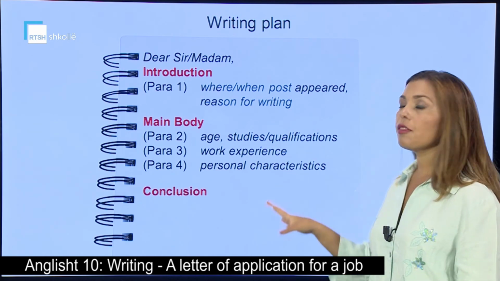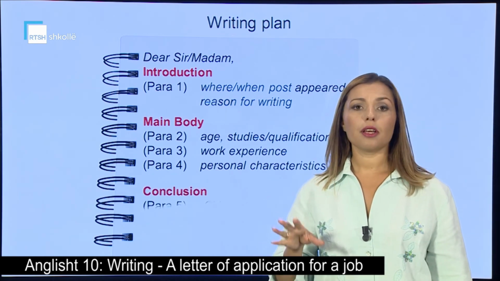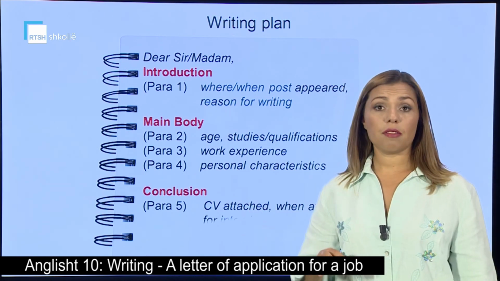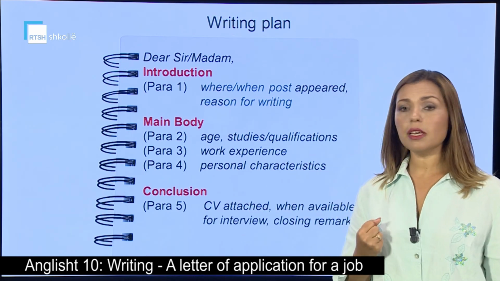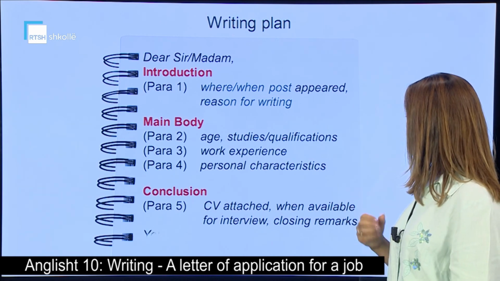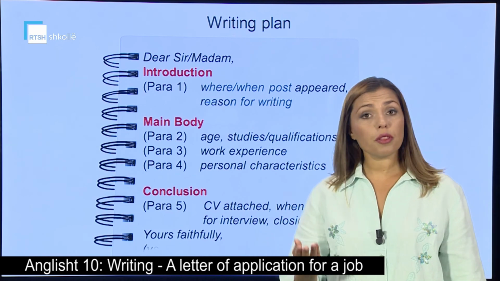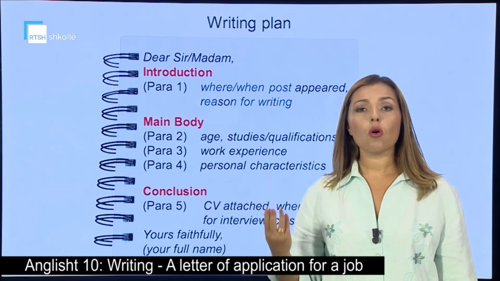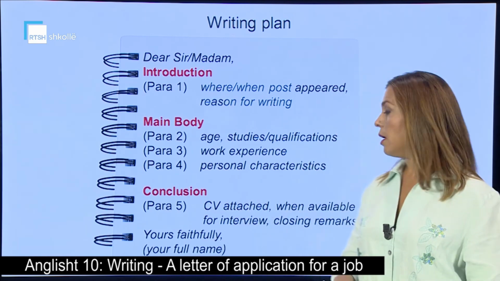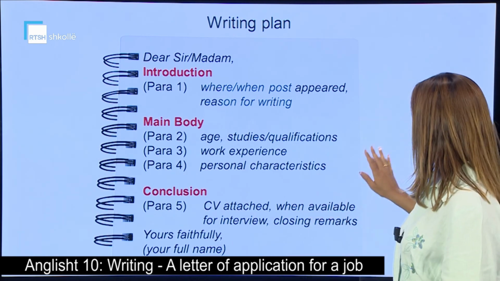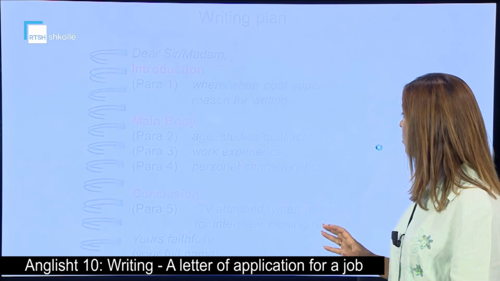And in the conclusion, in the last paragraph, you have to state that you're going to include a CV, maybe some references, when you are available for the interview, maybe any time or some specific time, and you write down yours faithfully and your name. So we finish with that.